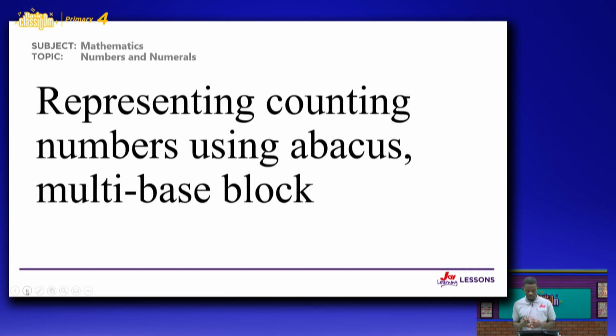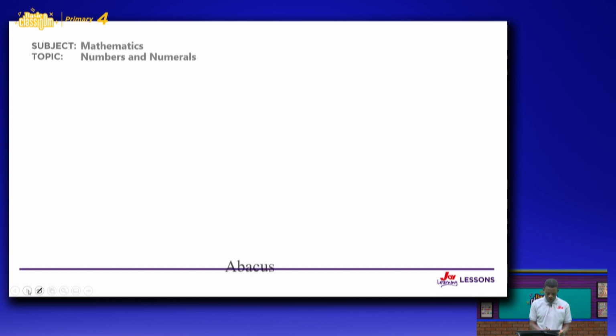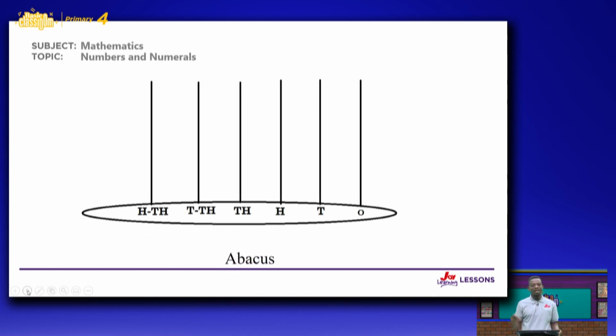Now, with this idea, we are going to use some manipulative materials to represent these stages of counting that we have gone through. The first one that we are going to talk about is the abacus.